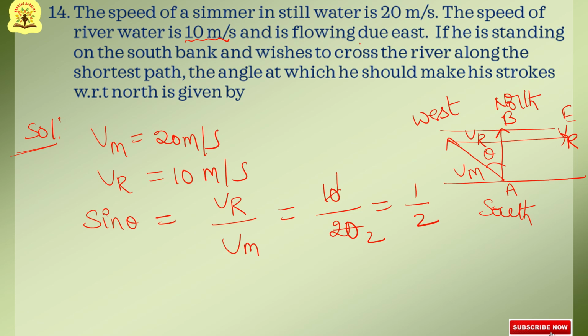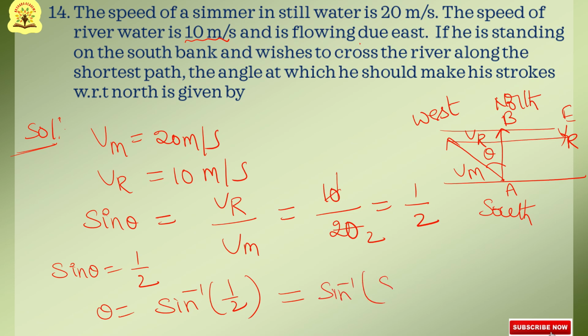Sin theta is equal to 1 by 2, so theta is equal to sine inverse of 1 by 2. Half can be written as sine 30. The value of sine 30 is 1 by 2. Sine inverse of sine 30 is 30.